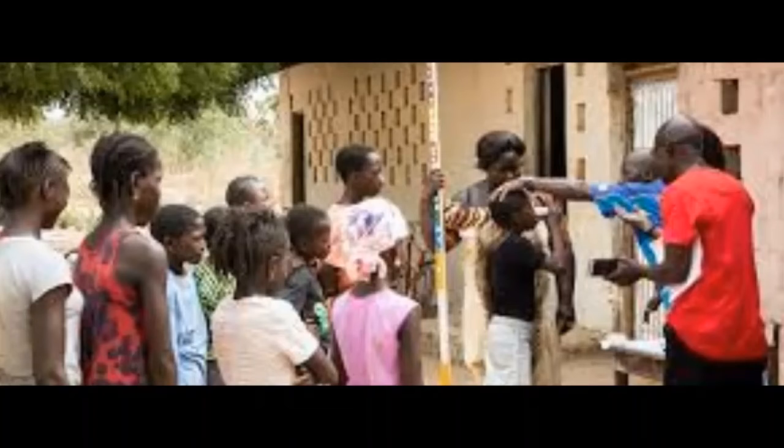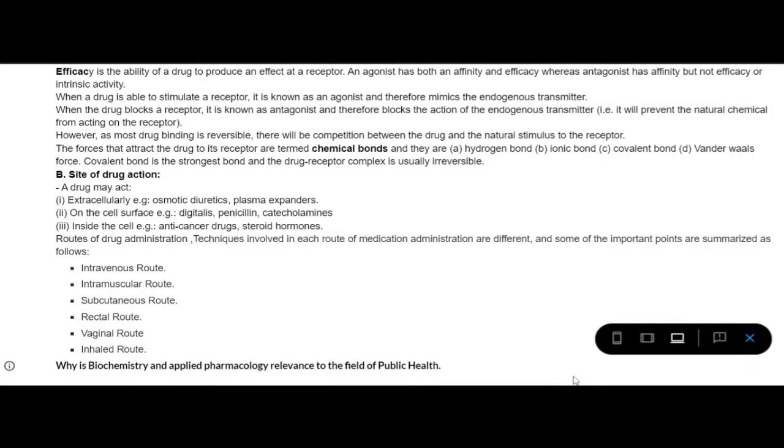The sites, we have extracellular, for example, osmotic diuretics, plasma expanders. We also have drugs that act on cell surfaces. Examples, we have digitalis, penicillins, and catecholamines. We have those which act inside the cell. Example, anti-cancer drugs and steroid hormones.